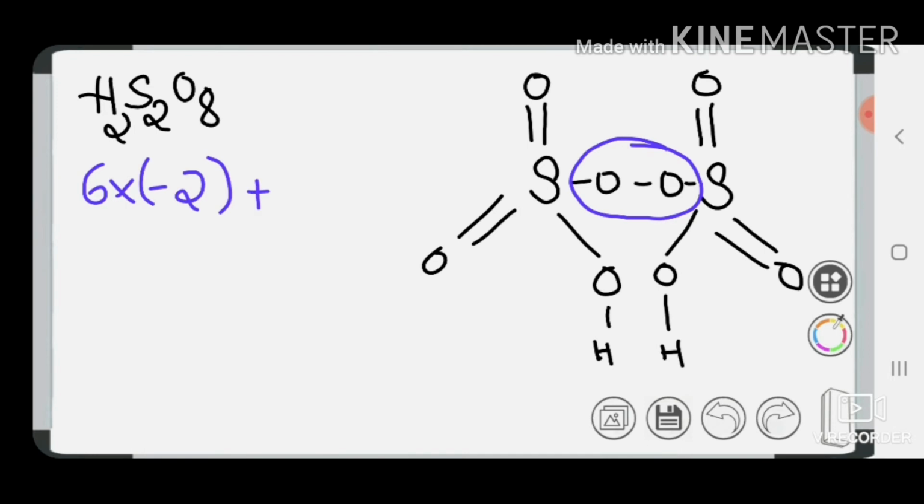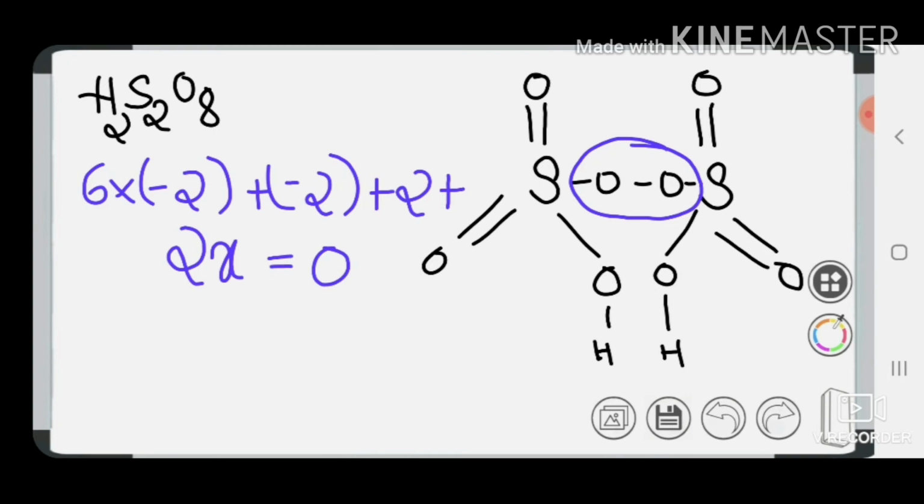So 2 into -1 equals -2, and there are two hydrogen atoms present which have +1 oxidation state. Then we want to find the sulfur atom, that is 2 sulfur atoms are present, which I represented here as X. While calculating this, you get 2X minus 12 equal to 0 and X equal to +6 oxidation state.